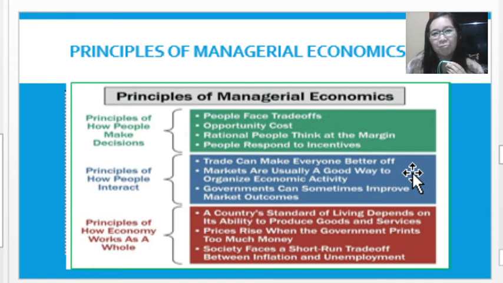Basically, a particular market will be a catalyst for economic activity in the whole economy or society. They may be considered small, but they serve as the catalyst for the whole economy. The next thing is government can sometimes improve market outcomes.